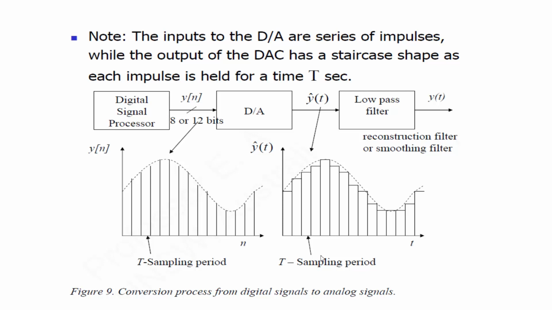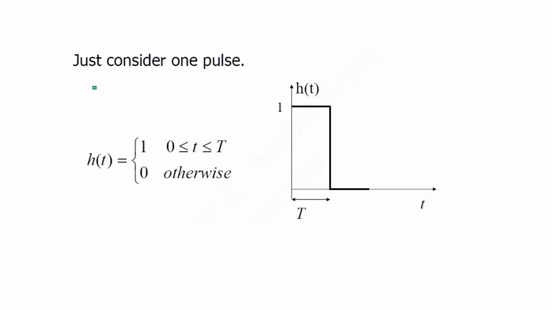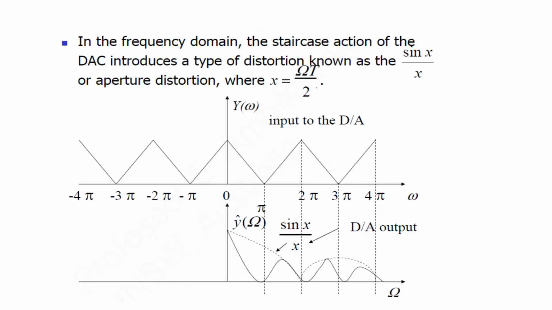If we analyze the whole output of the DAC in the frequency domain, that actually introduces an error. We call that distortion the sin x by x distortion or aperture distortion, where x, as I have already explained, is equal to big omega capital T by 2.